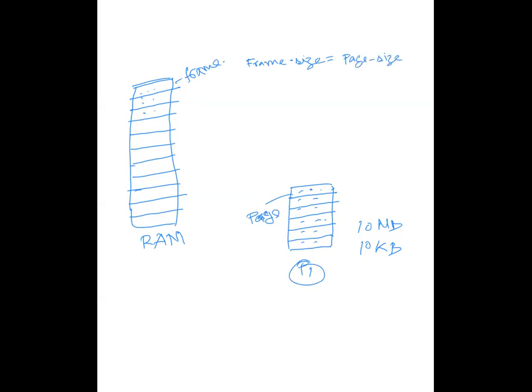So from here you can understand what your operating system can do. Your operating system can insert one page inside one frame, and another page can be inserted, let's say, in here, because frame size is equal to page size.